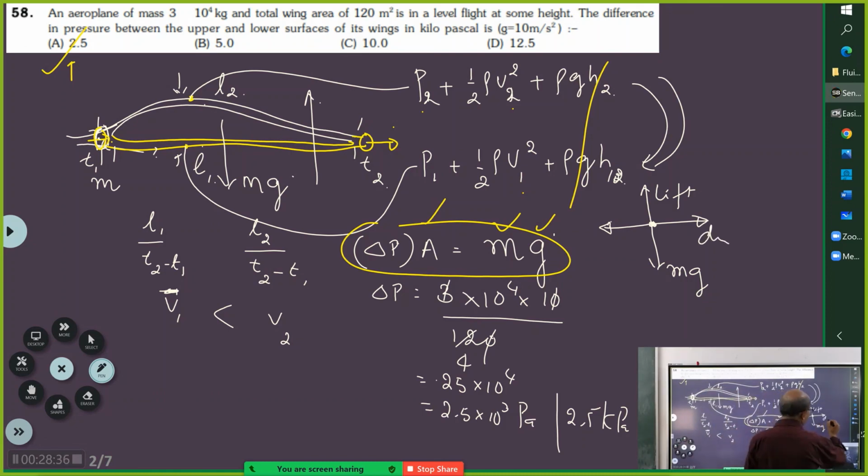If the lift balances the weight, and the engine force balances the drag, then the net force is 0, and it will move with uniform velocity. It will neither go up nor go down. Say the pilot wants to accelerate it, then he will make this vector more. Then velocity will increase.